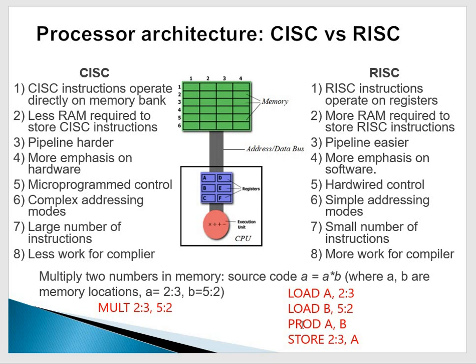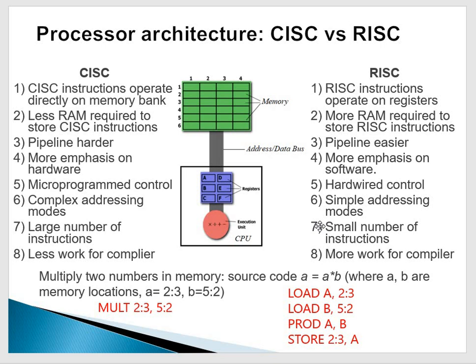And this will do fetching and execution. But in the CISC case, it will have to fetch, read one word, then read the second word, then execute, then write the result. So it will have to perform many operations within a single instruction. That is why pipelining in this case is difficult as compared to the RISC processor.